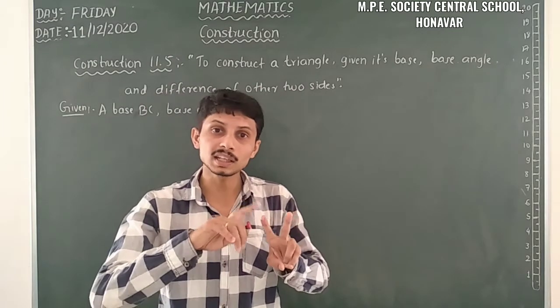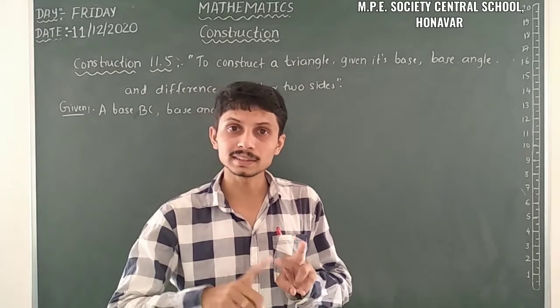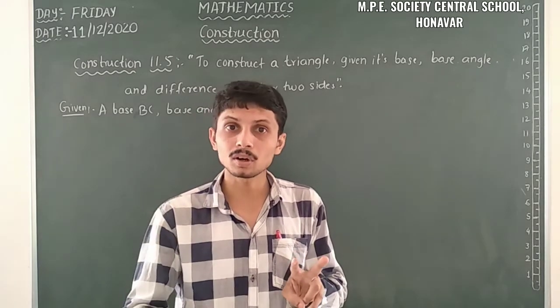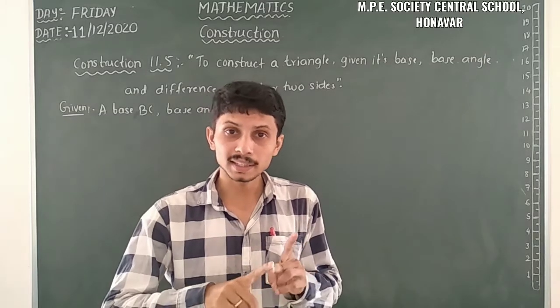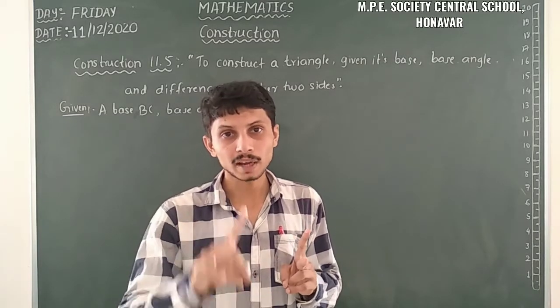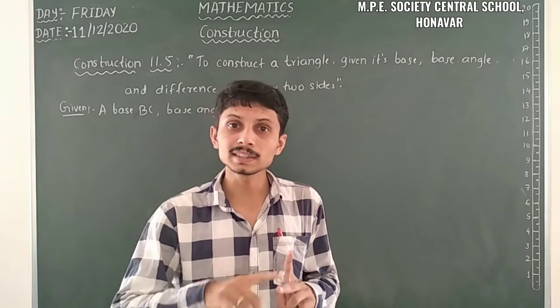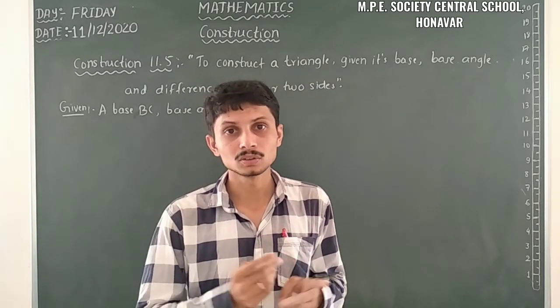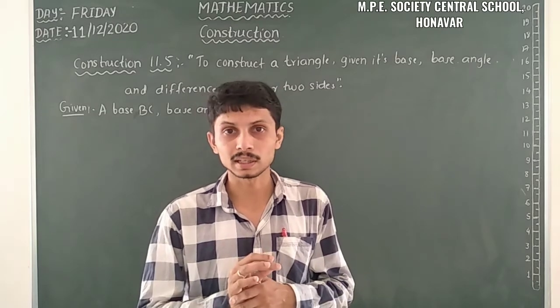One is when AB is greater than AC, then we take AB minus AC, because we get a positive length. And when AC is greater than AB, then we take AC minus AB, which will be the positive value.